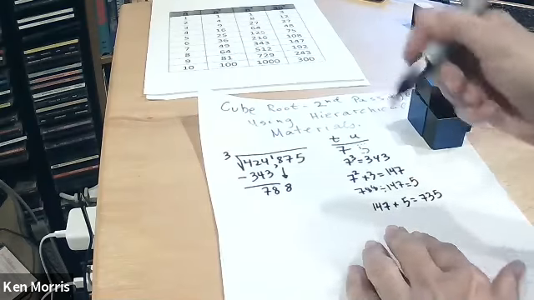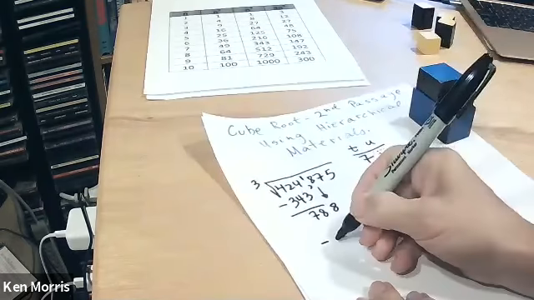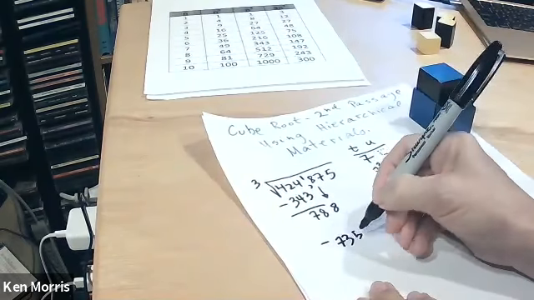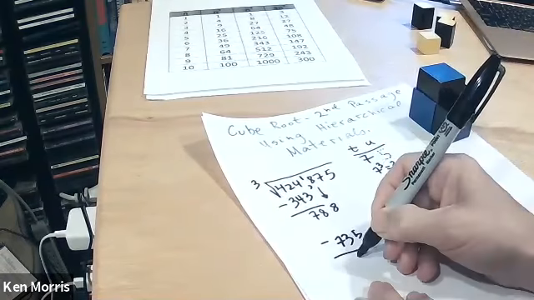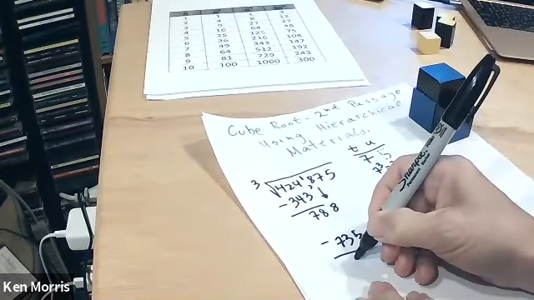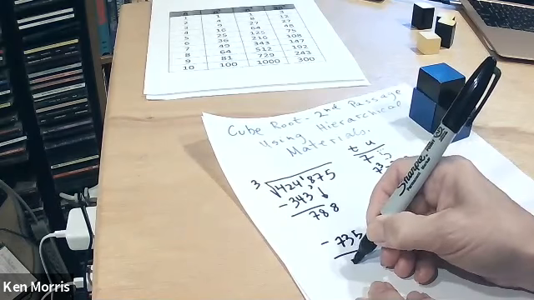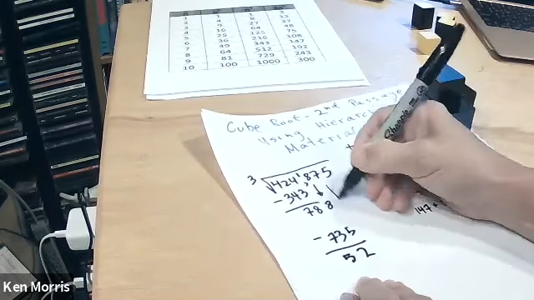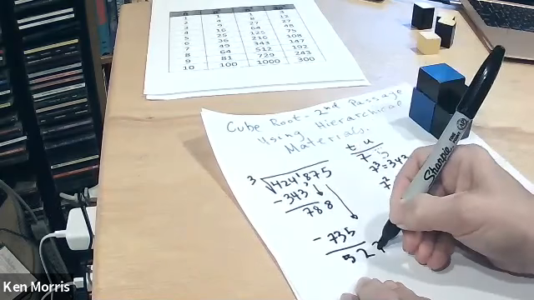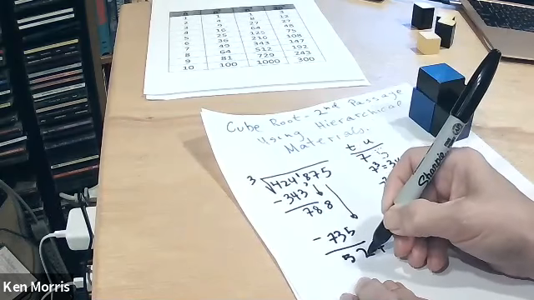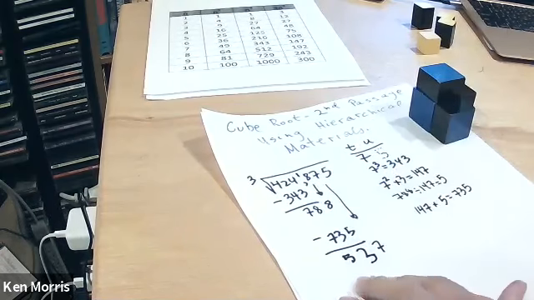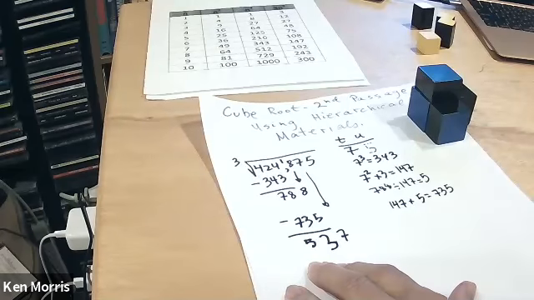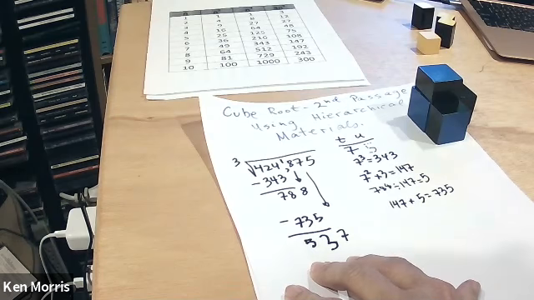So we're going to subtract 735 from 788, and that will be 52. Let me bring down the 7. I'm sorry, 53. We bring down the 7, leaving us with 537.